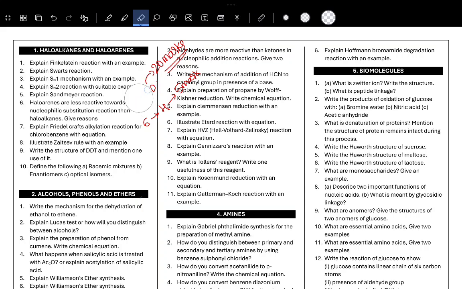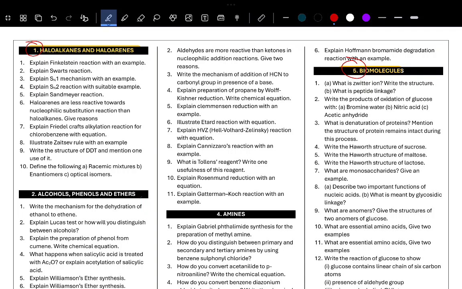Now, in part D, generally the first question will be asked from haloalkanes and haloarenes, so you should not skip it. Whereas the last question in part D will be asked from biomolecules, so don't skip biomolecules as well. It is a small chapter anyway, so you can study it easily.